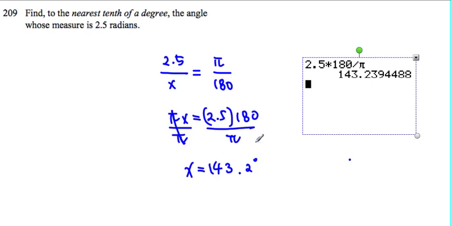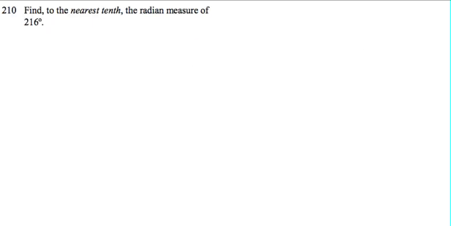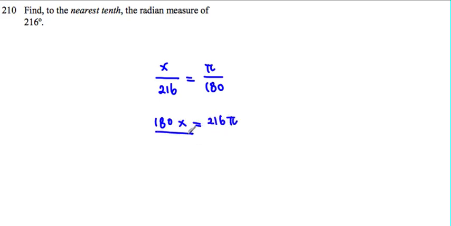All right. Let's look at number 210. Find to the nearest tenth the radian measure. So in this case, we're going to do x over 216 degrees is equal to pi over 180. So we just have to calculate that to the decimal: 216 pi, then we can divide by 180.